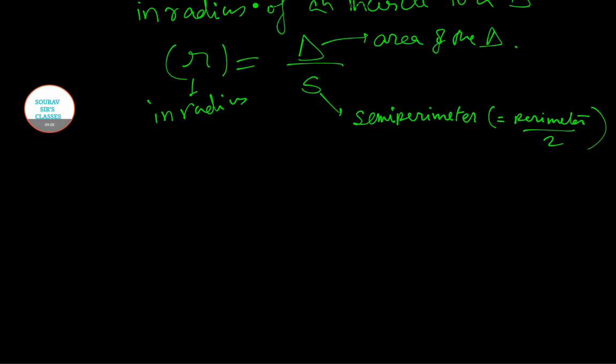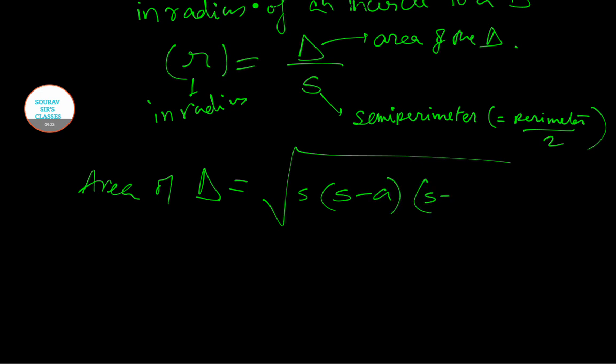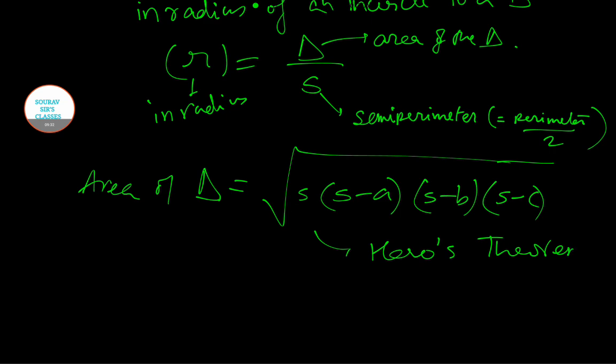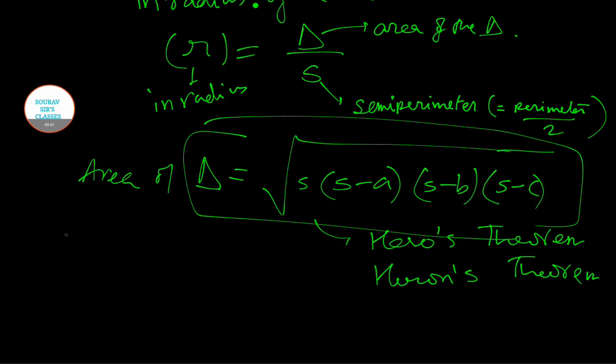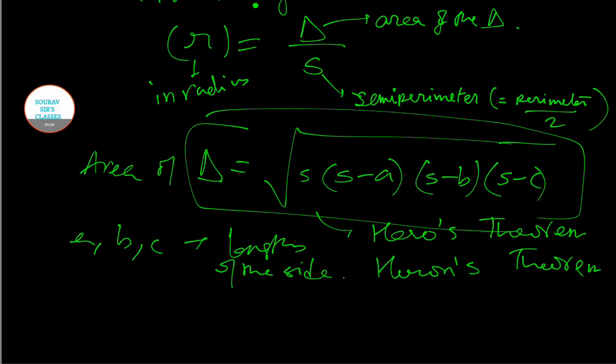Now we know the lengths of the triangle, so the area of the triangle is equal to root over S into S minus A, S minus B into S minus C. People call it Heron's Theorem, or sometimes Heron's Theorem. So that's basically the area of the triangle, where A, B, C represent the lengths of the sides and S is the semi-perimeter.